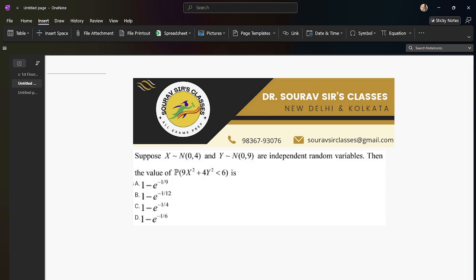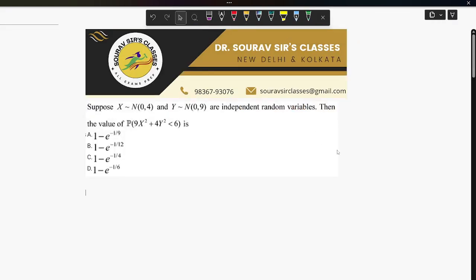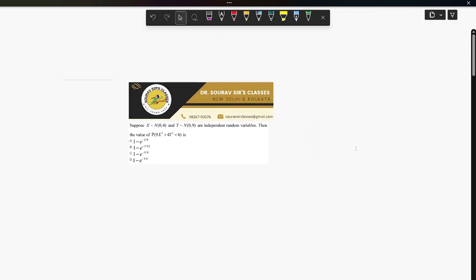Then the value of the probability that 9X square plus 4Y square is less than 6 is. There are four options: 1 minus e to the power minus 1 by 9, 1 minus e to the power minus 1 by 12, 1 minus e to the power minus 1 by 4, and 1 minus e to the power minus 1 by 6.